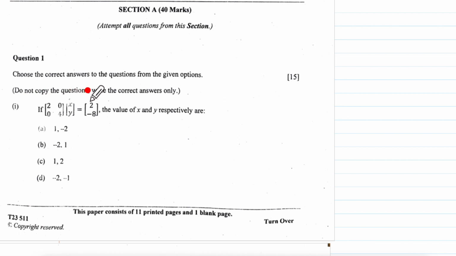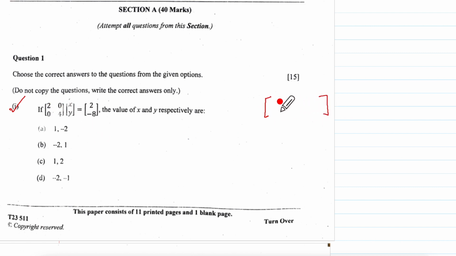We do not have to copy the questions, we write only the correct answers. So our first one, if this is given two matrices multiplied, then the value of x and y are. So now in our written paper we can write the product of this.